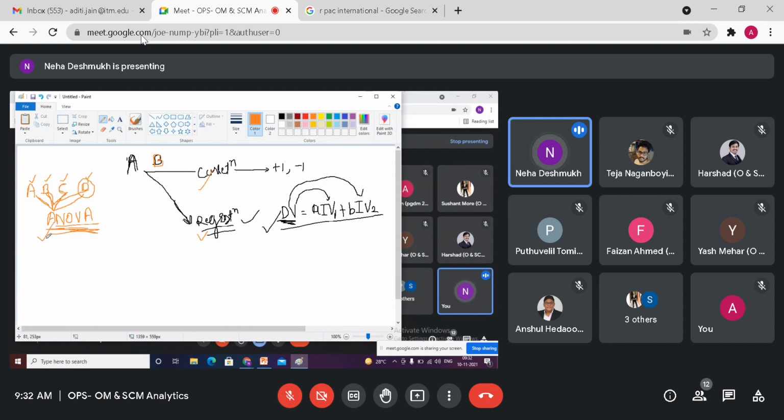In ANOVA, a number of steps are there, right? The first value we consider is the null hypothesis, and the other one is the alternate hypothesis. We apply a number of mathematical rules and compare the p-value and the alpha value.